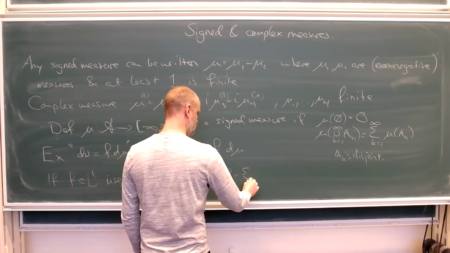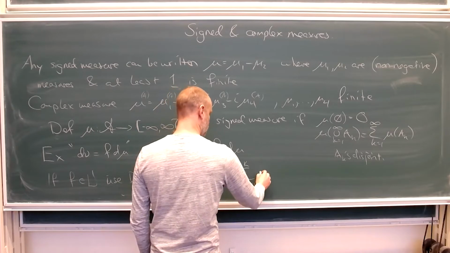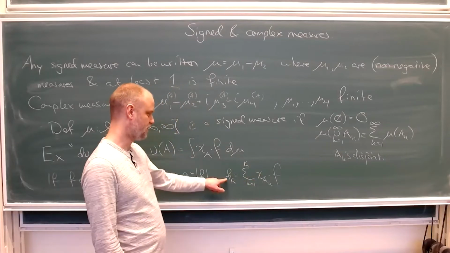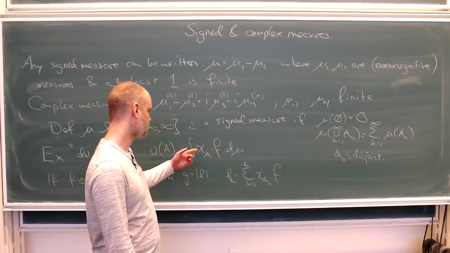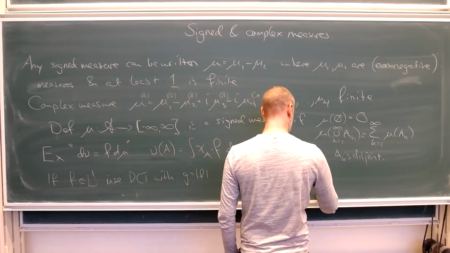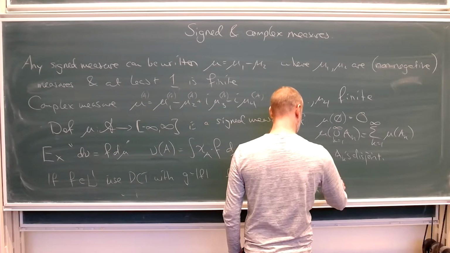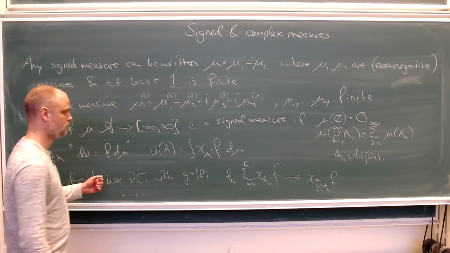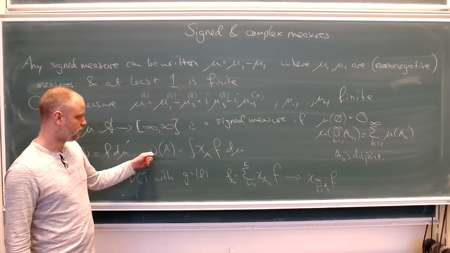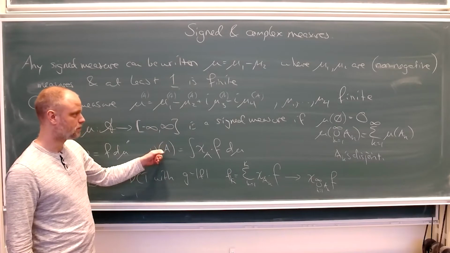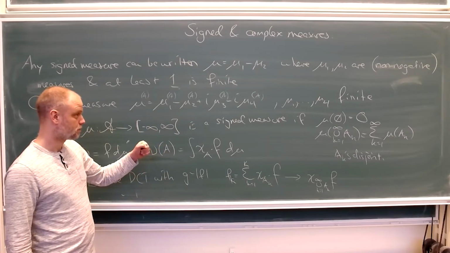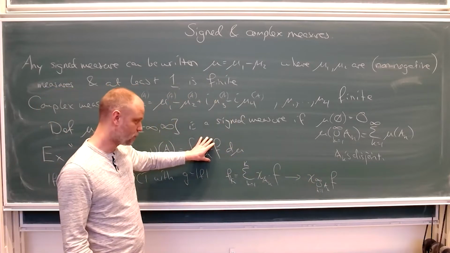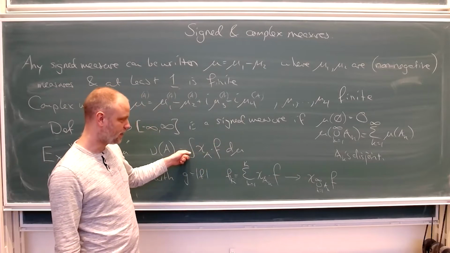Let's use big K here. So small k goes from 1 to big K, and then the characteristic function of the A_k times f. So now this is a bunch of functions f_K that converge pointwise to the characteristic function of the union, k from 1 to infinity, of A_k, times f; that's the limit. And then you see, if I do now mu of the infinite union, I will just get this function here. Then I use the dominated convergence theorem to pull the sum and the limit outside.